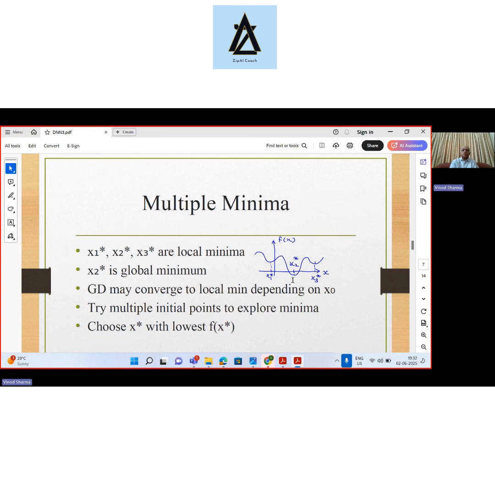So in this case, for example, it could converge to x1 star or x2 star or x3 star. It depends on the initial point x0 where the algorithm starts. If the algorithm starts somewhere here, it will converge to x1 star. If the algorithm starts at x0 somewhere here, then it will converge to the global minimum.